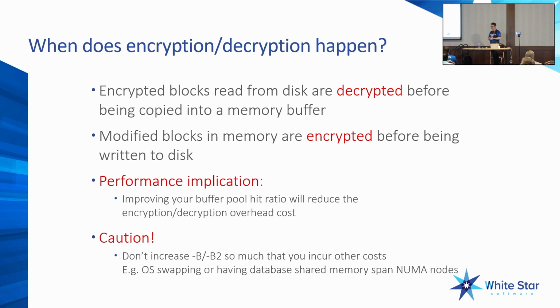So there's a clear performance implication here. Your buffer pool needs to be tuned well because the performance of your caching will determine how often you're going to pay that extra computational price of doing encryption or decryption. So if you can have more data memory resident and read and write less often, then your performance delta with using TDE will be less.